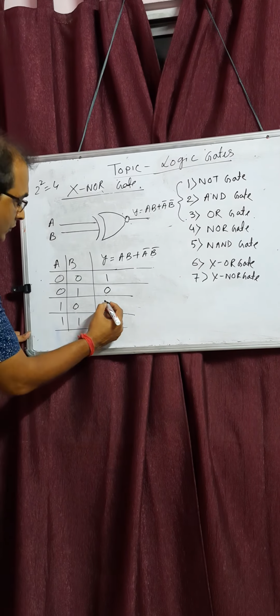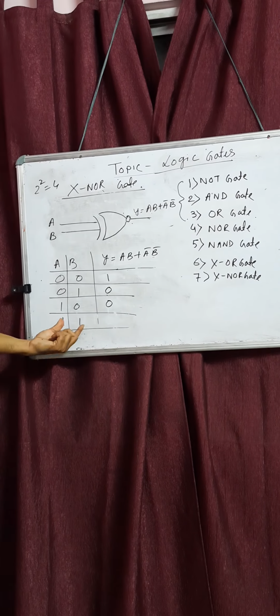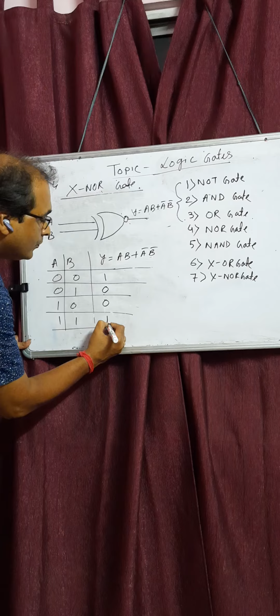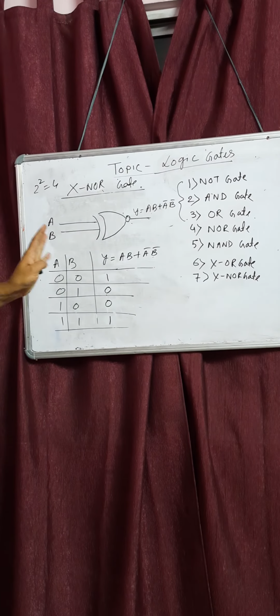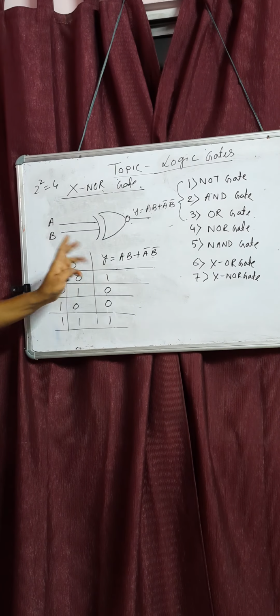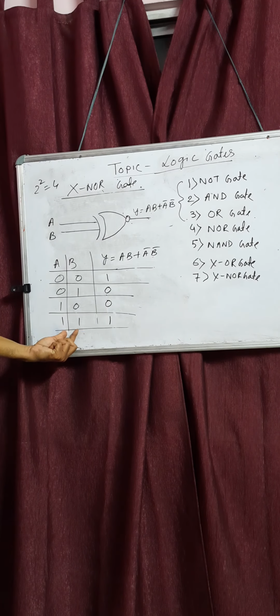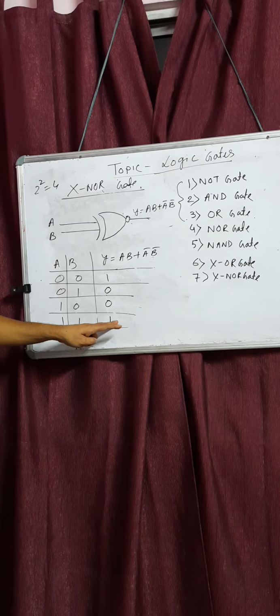Again, here the inputs are different, so it is 0. And last one, when both the inputs are 1 1, it is 1. So when both the inputs are the same, output will be 1. When inputs are different, output will be 0.